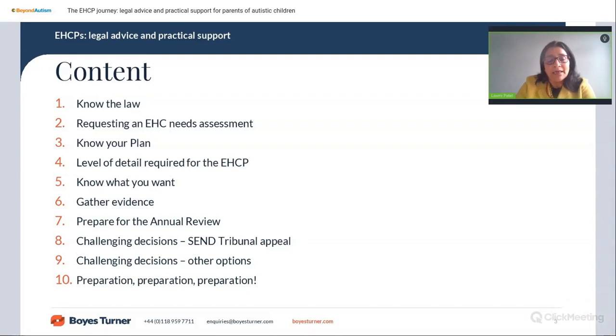At number 4, the level of detail required in an EHCP. So when you get the draft EHCP, what are you looking out for?